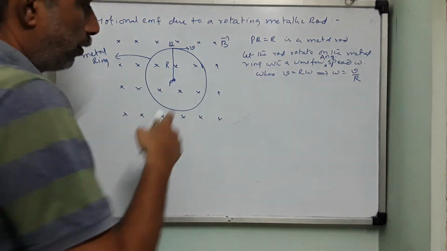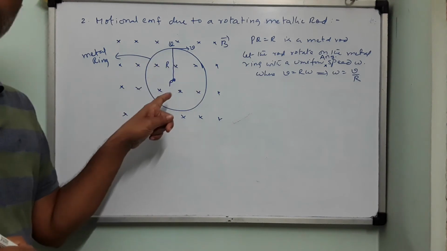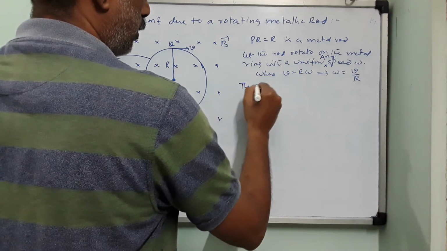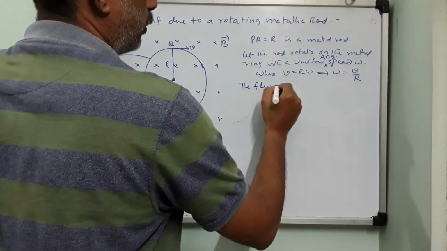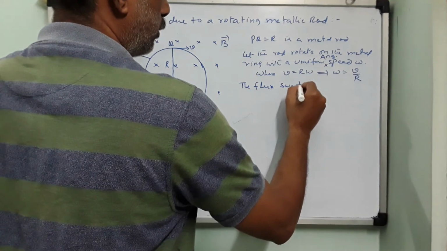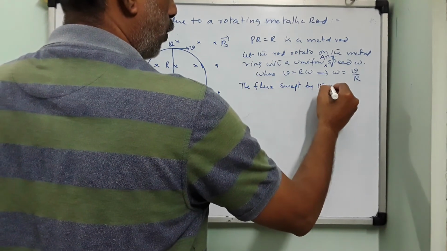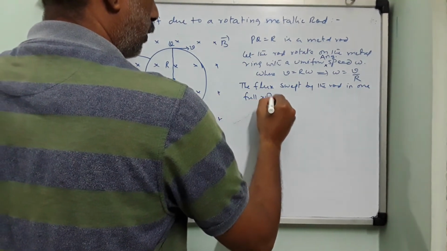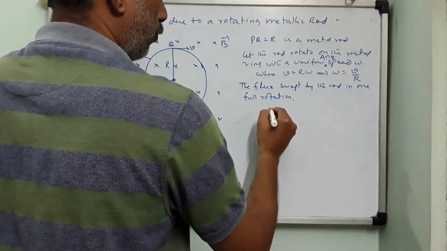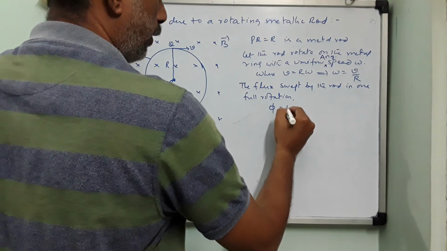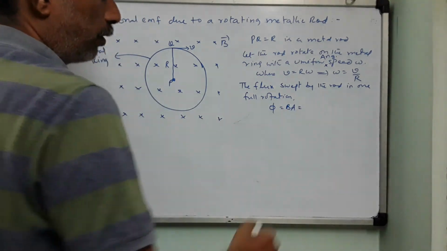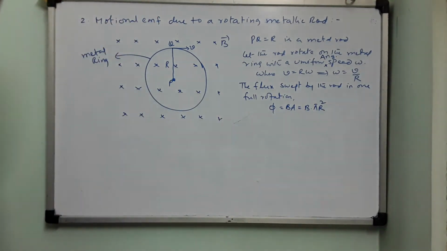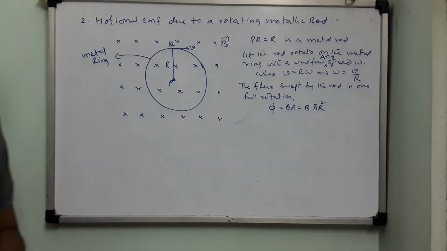Okay, right. Before it starts rotating, the flux linked with this was 0. After one full rotation, the magnetic flux swept by the rod in one full rotation, phi equals BA, that equals B into A, which is pi r square, because r is the length of the rod and this happens to be the radius of the metal ring also.